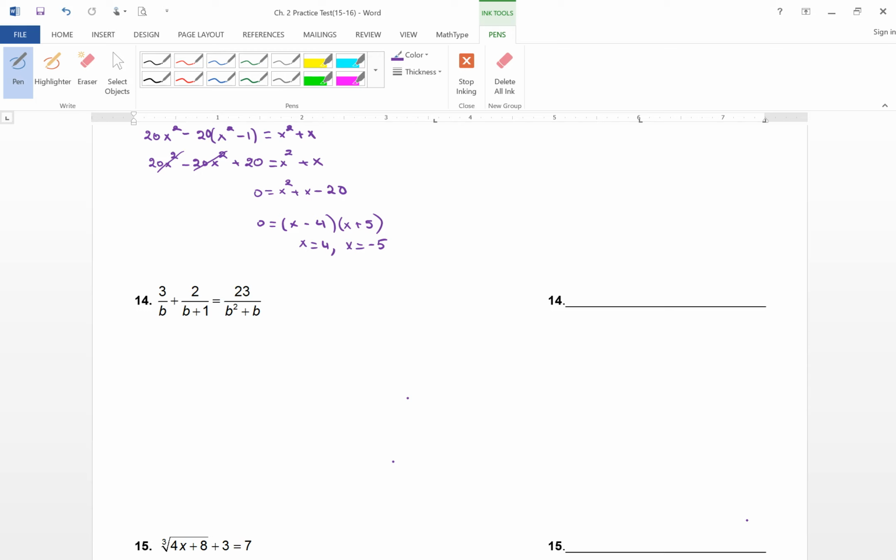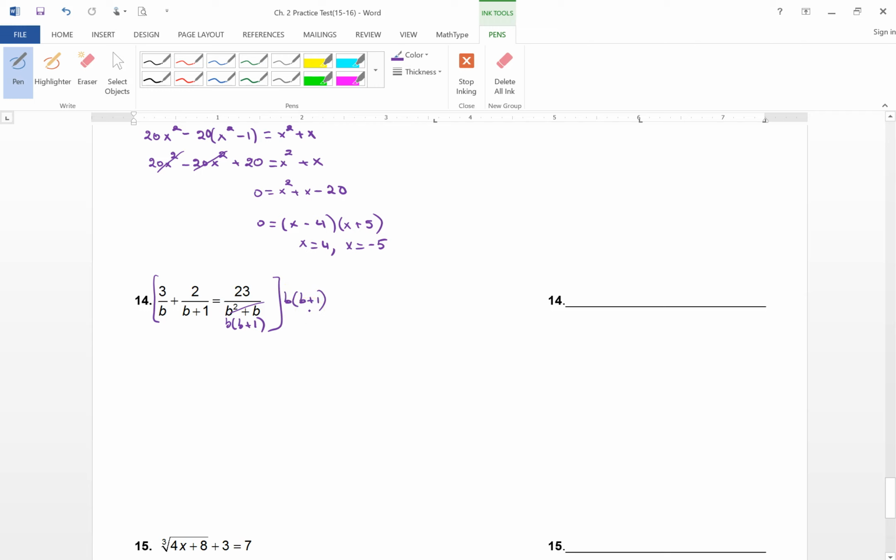What are we doing here? We're going to factor this, so it's b times b plus 1, right? So I'm going to multiply the whole thing by b times b plus 1, okay?